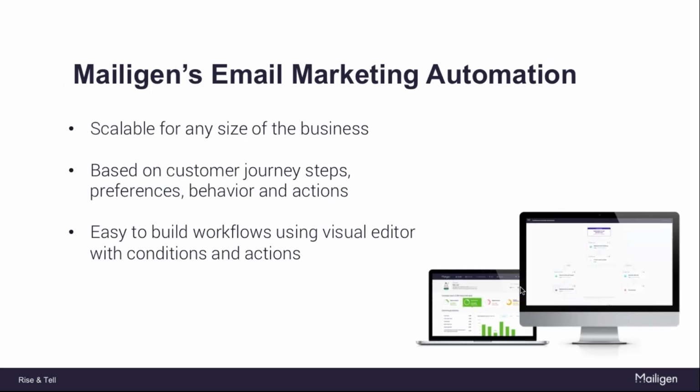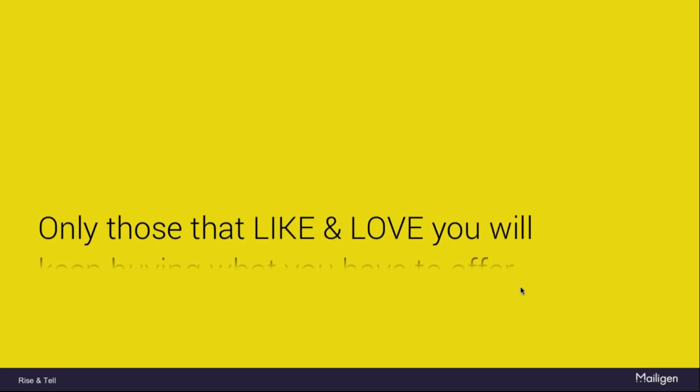Mailigen's email marketing automation is important because it's scalable for any size of business. You can build it based on your customer journey steps, preferences and behaviors, and it's very easy to build. I think that is the key: something very complex should be easy to build and maintain.